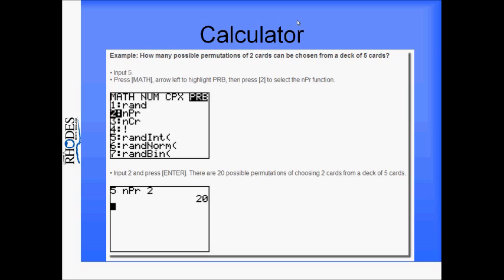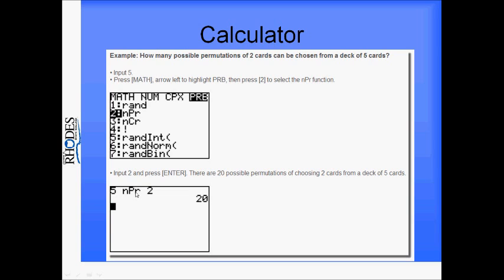You enter 5 on your calculator, hit the math button, go to PRB for probability, then select the second option, nPr, and hit enter.